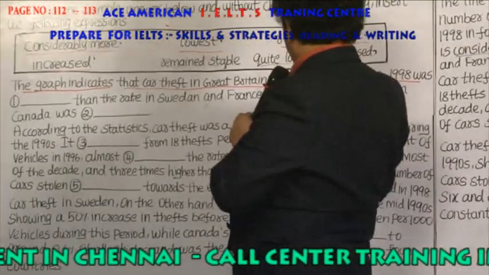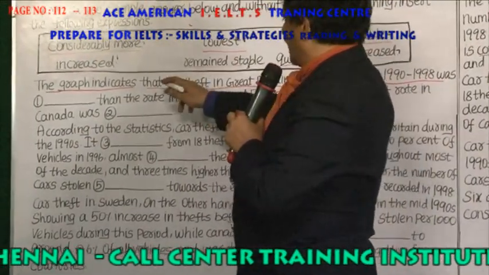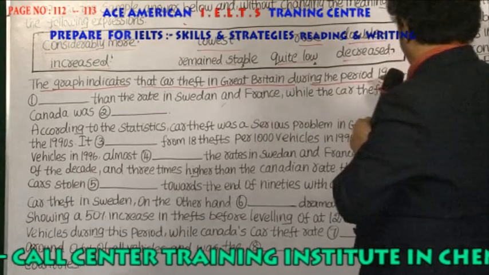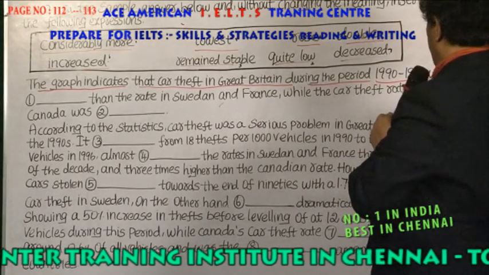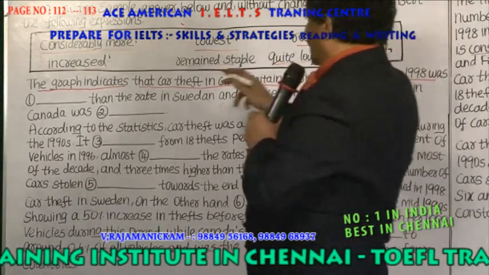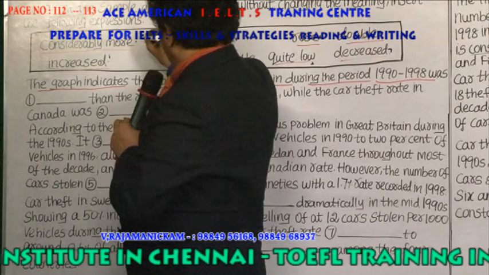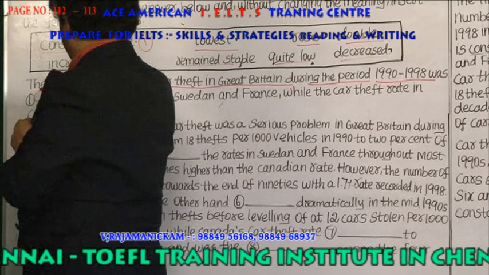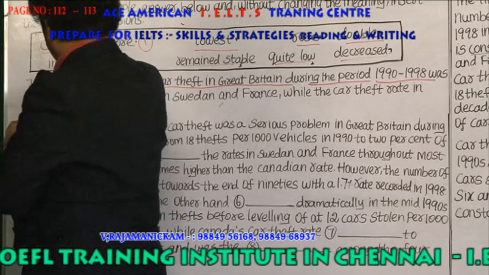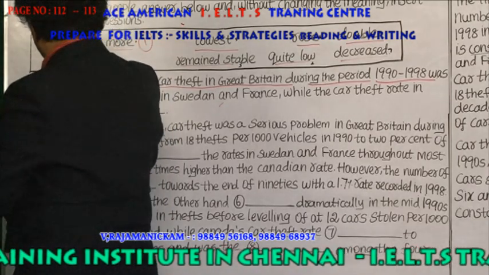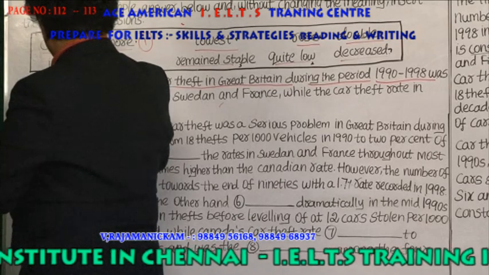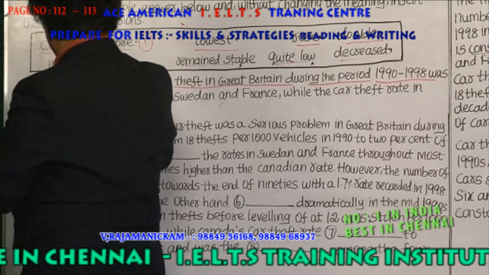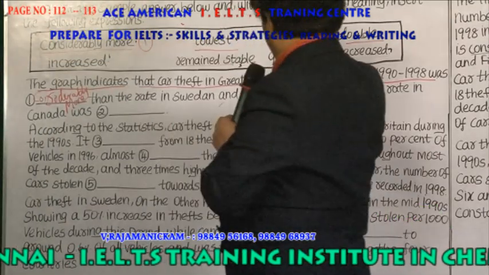So what are the words you can use? The graph indicates that car theft in Great Britain during the period 1990-98 was considerably more. So this word could be used here in the gap. Considerably more than the rate in Sweden and France.